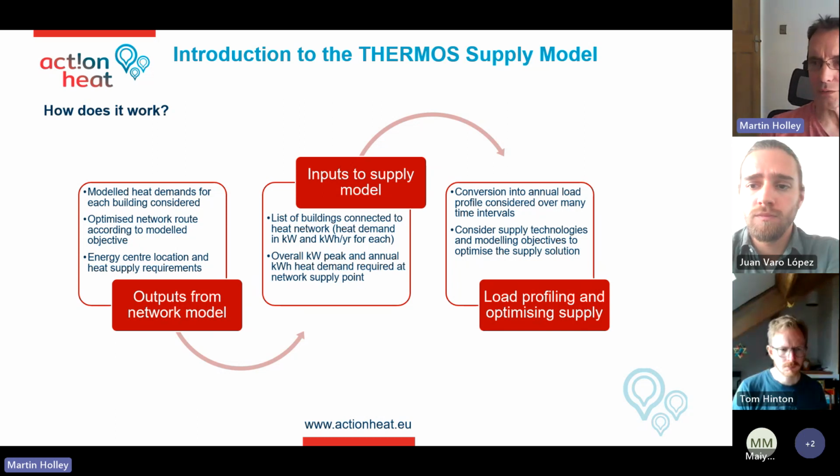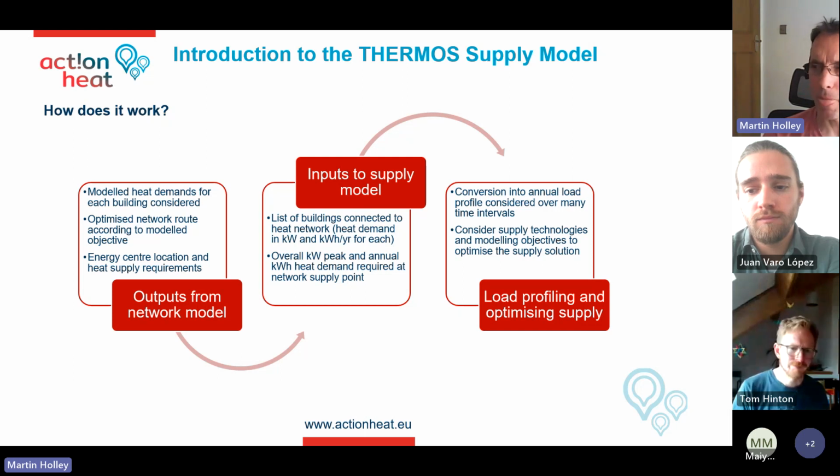The actual outputs from the network model are fairly basic in terms of heat supply. You've got a list of buildings which are connected to the heat network for that optimized network, and for each of those you've got peak heat demand in kilowatts, and annual demand in kilowatt hours.